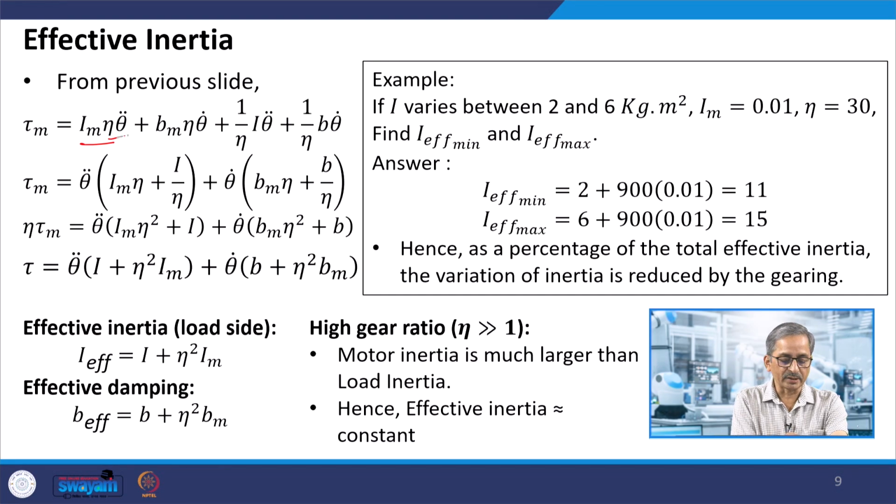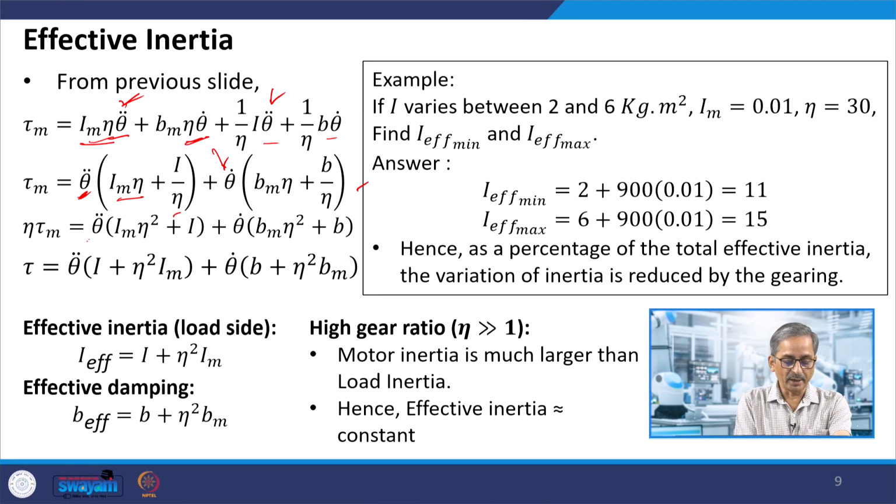So, that I substitute here, and here the theta m dot I substitute here, and this portion I keep as it is. Now, what I do? I combine the theta double dot term. So, you have Im eta plus I by eta, plus I segregate the theta dot term, so I have Bm eta plus B by eta.